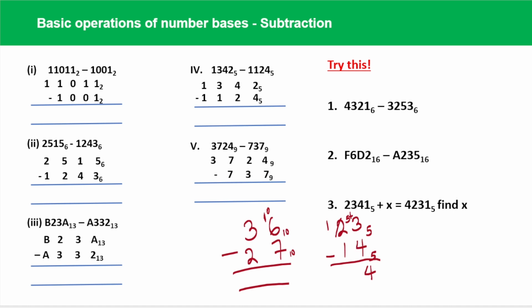The most important thing to take note of when subtracting numbers in any given base is that whenever you borrow 1, the 1 automatically becomes the base you are operating in. If I borrow 1 in base 5, the 1 becomes 5. If I borrow 1 in base 6, it becomes 6. In base 7, it becomes 7.